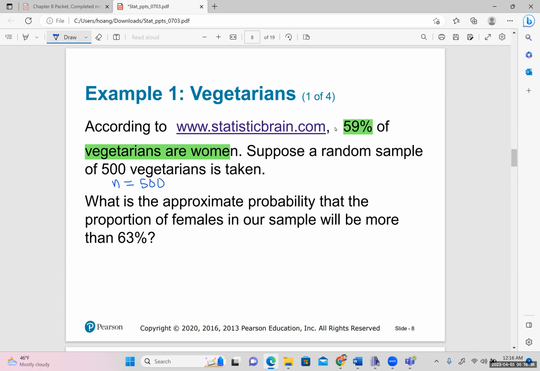What is the approximate probability that the proportion of females in our sample will be more than 63%?